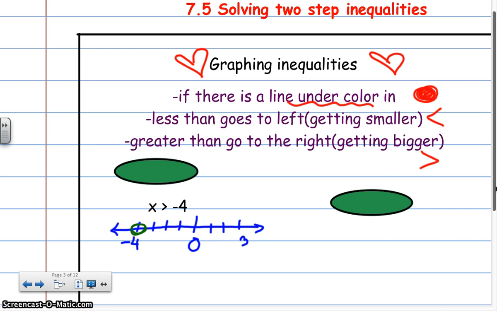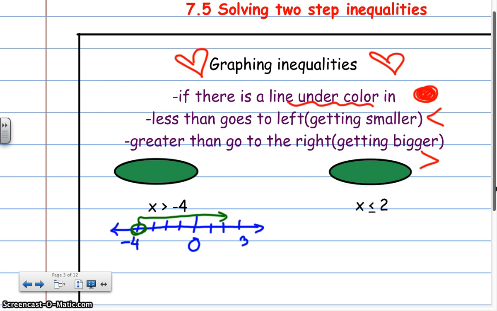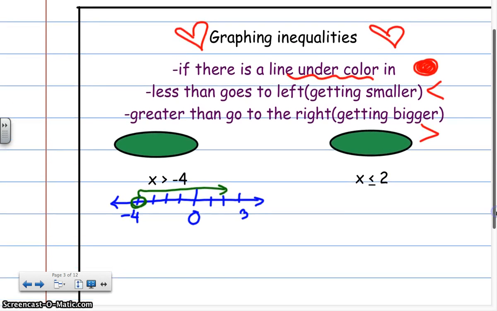Do I color it in or not, class? No, because there's no line under here. And if I'm bigger than, do I go to the left or right? I go to the right, so it looks like that. So x is bigger than -4.